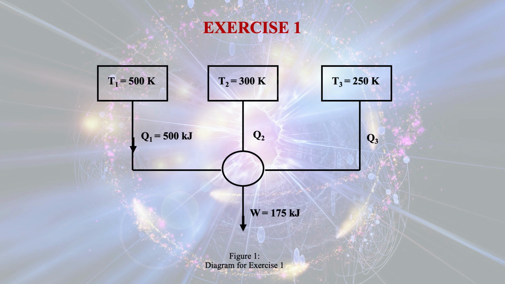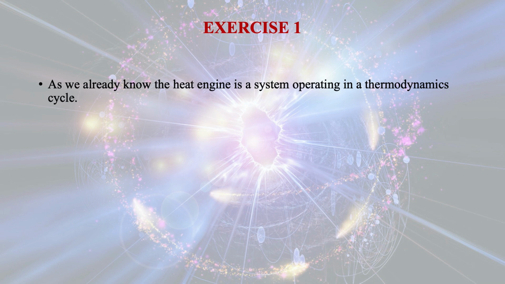Now let us see how we can get the magnitude of heat Q2 and Q3 and the directions for this particular problem. First of all, we will see how we can use the conservation of energy principle for this case, and how we can use the second law of thermodynamics. As we already know, the heat engine is a system operating in a thermodynamic cycle.